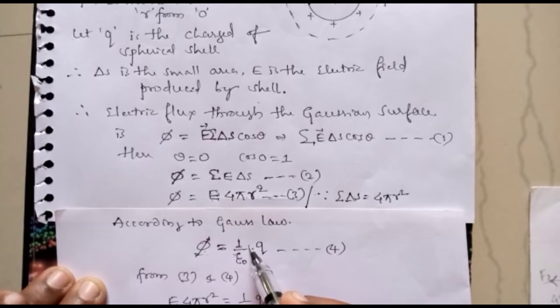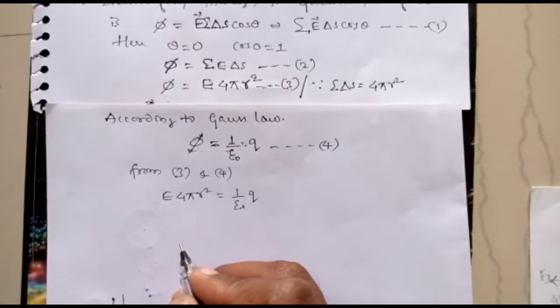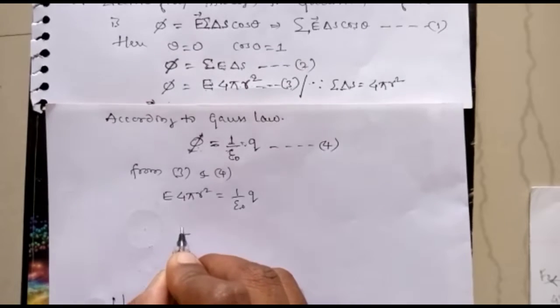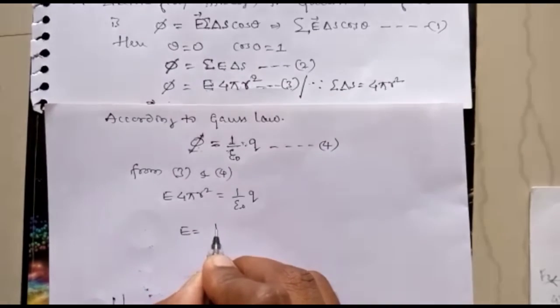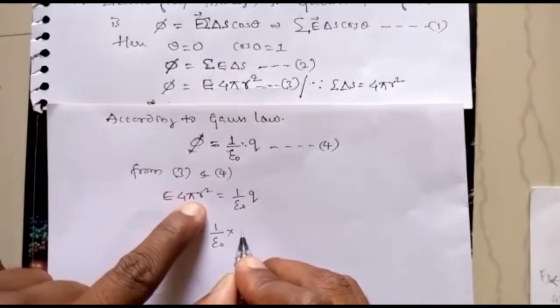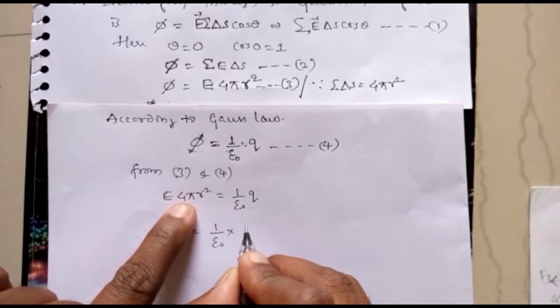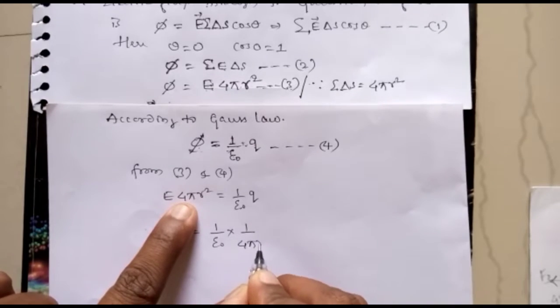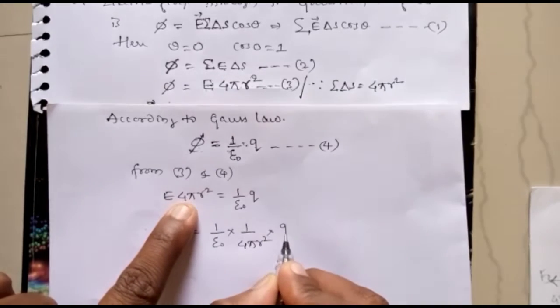Therefore E equals 1 by epsilon naught into 1 by 4 pi r square into q.